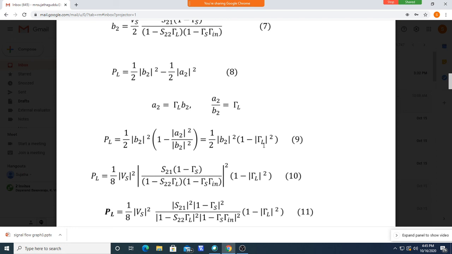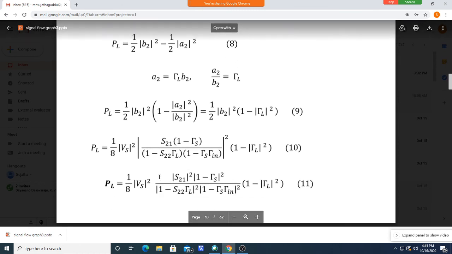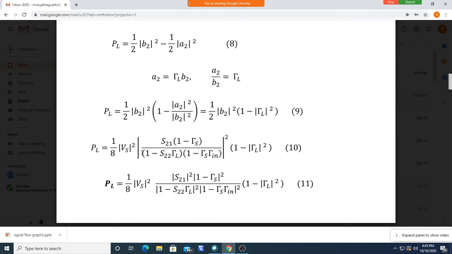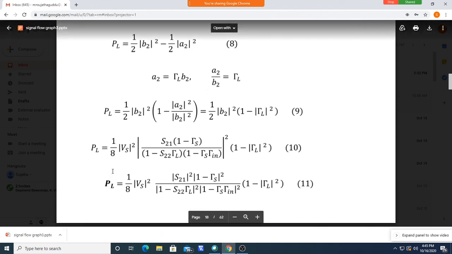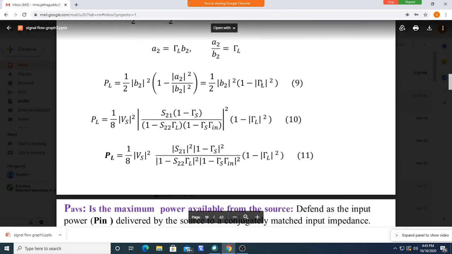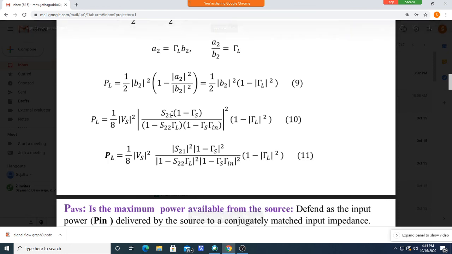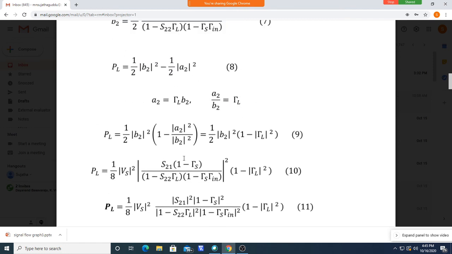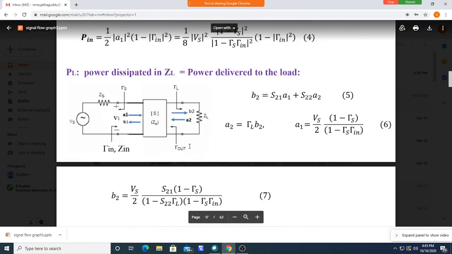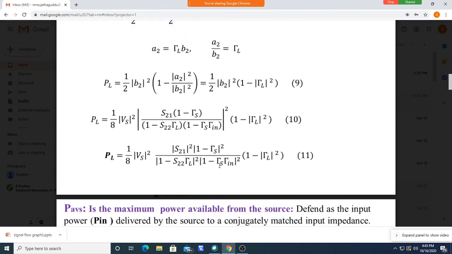If you simplify further by substituting B2 here, finally the power delivered to the load ZL is given by this equation.